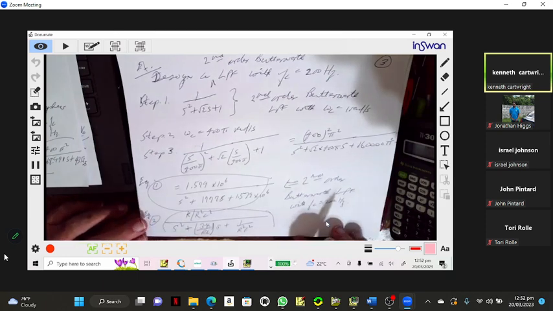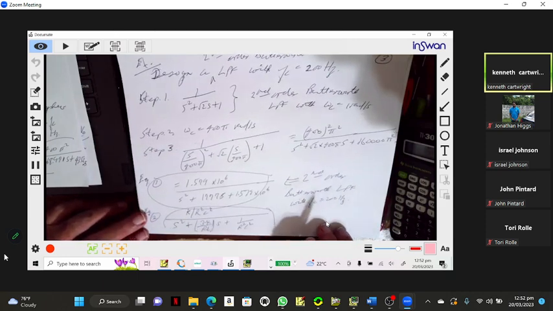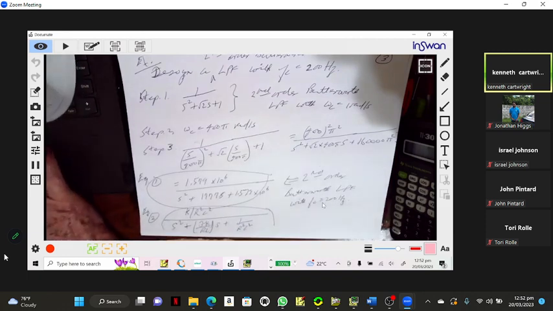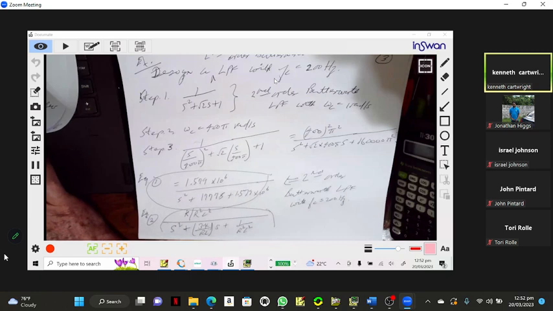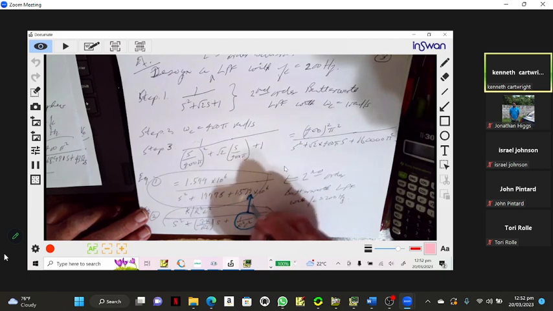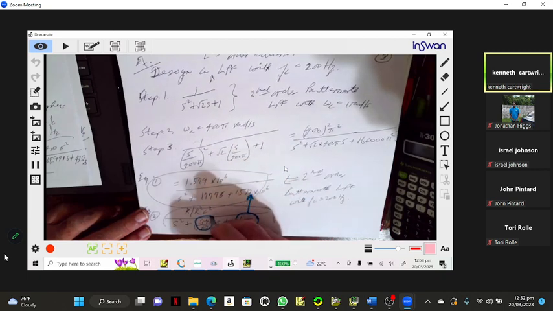We look at the denominator in both equations. So clearly this has got to be that, and this has got to be that.